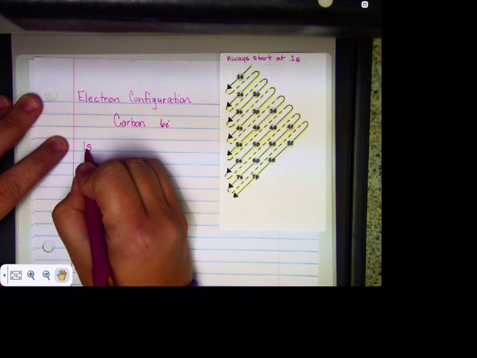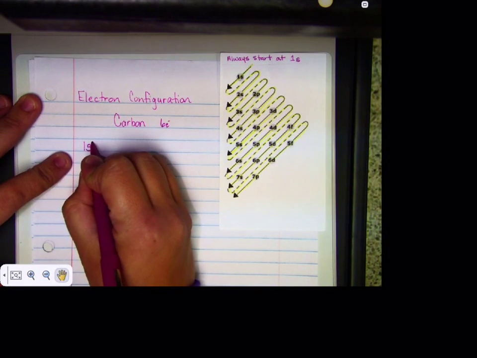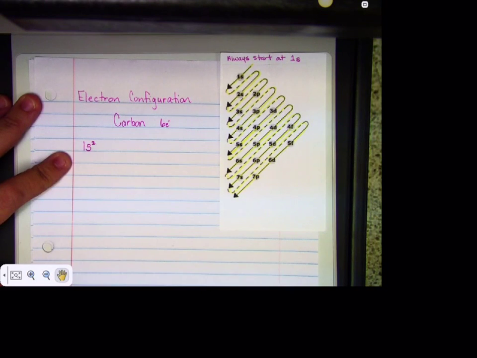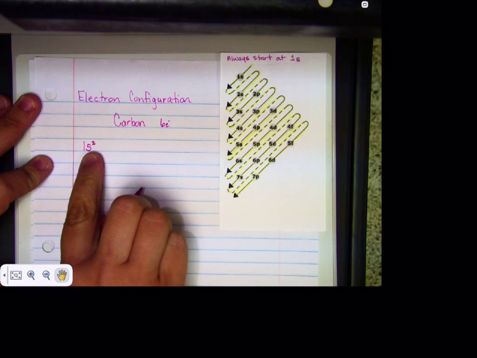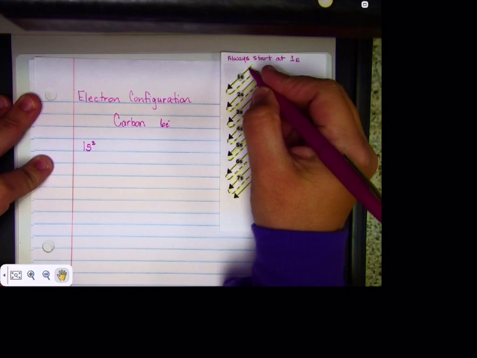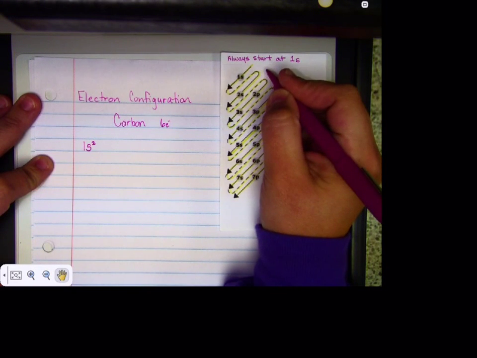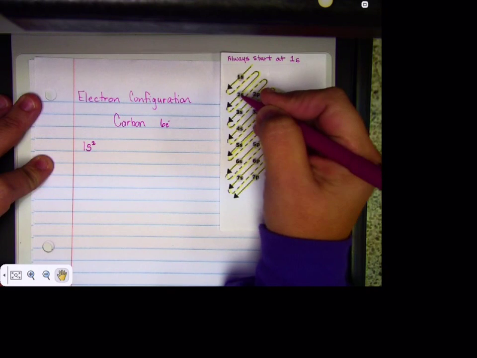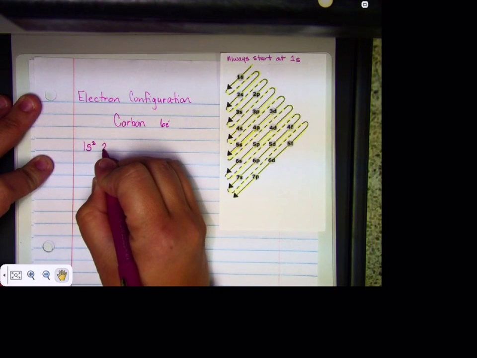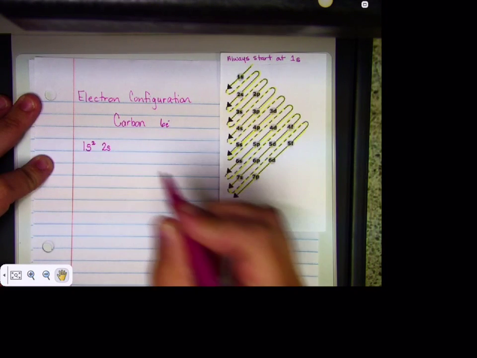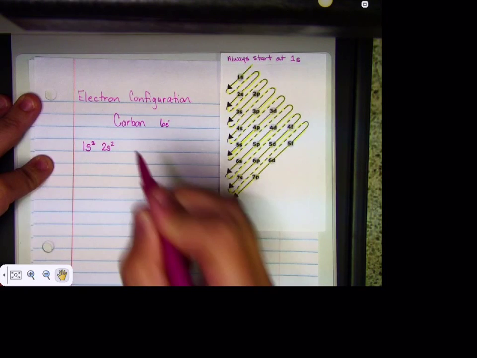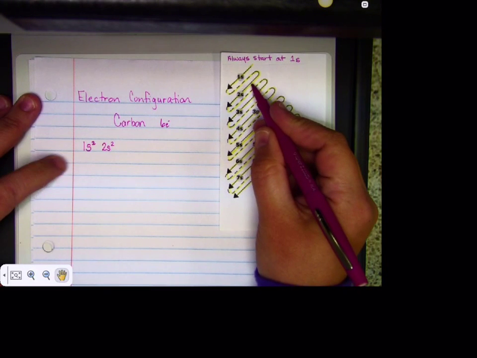So 1s, and the maximum number of electrons that can go in an S sublevel is 2. So now I have 2 electrons, and now I'm going to follow my card. So 1s, and I follow this around, and I come to 2s. So I'm in the second energy level, sublevel S, and S can hold 2 electrons, no more than 2, only 2. So now I'm up to 4 electrons.